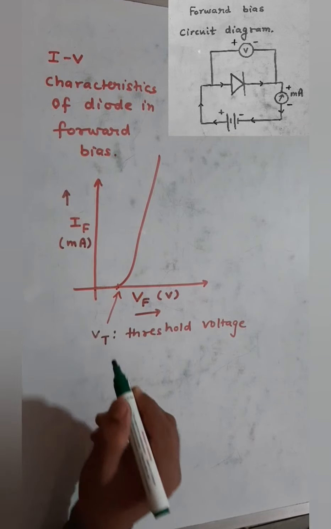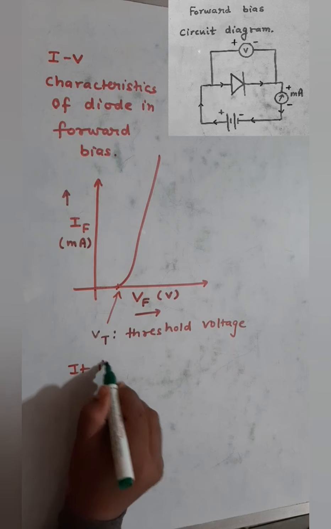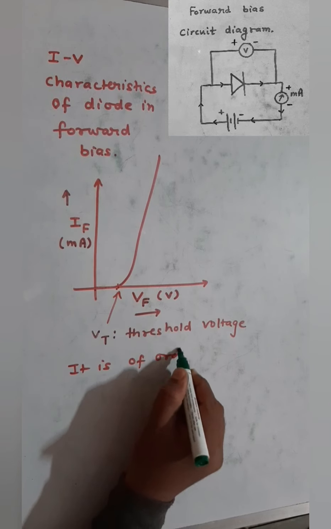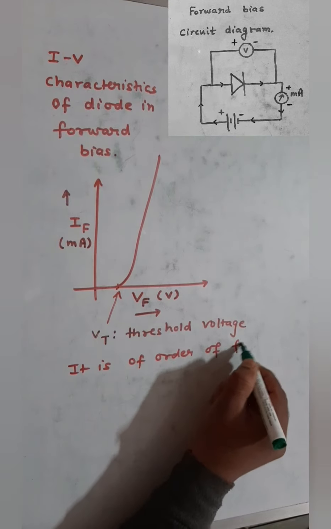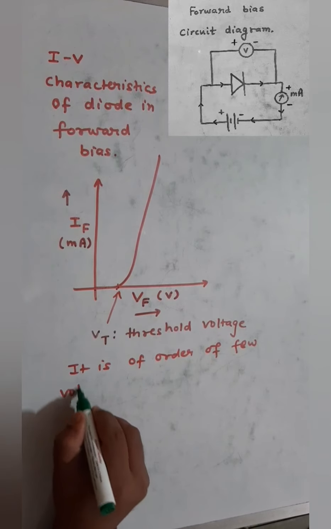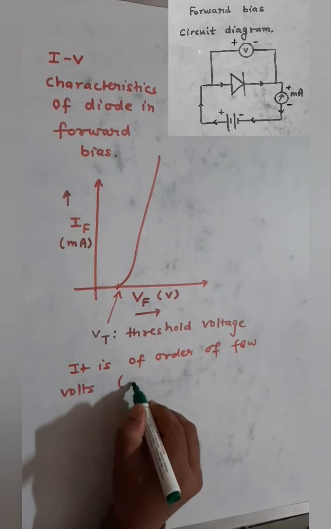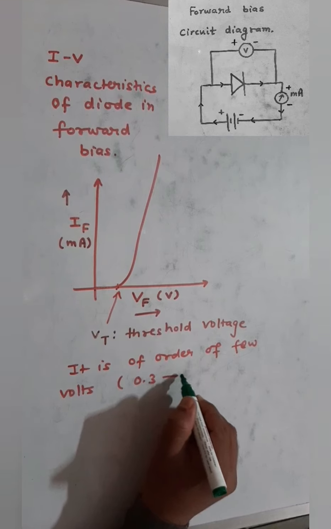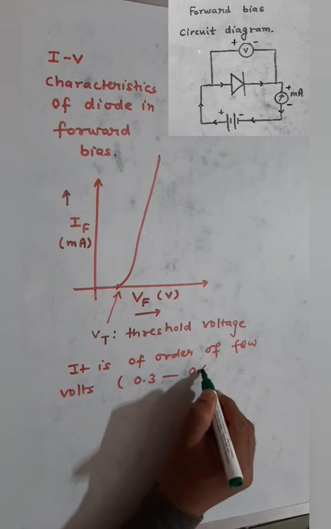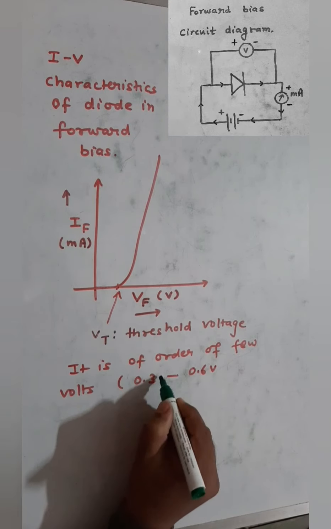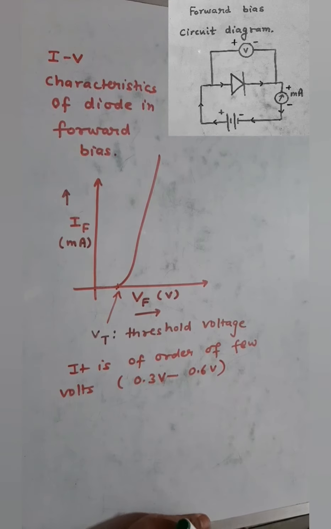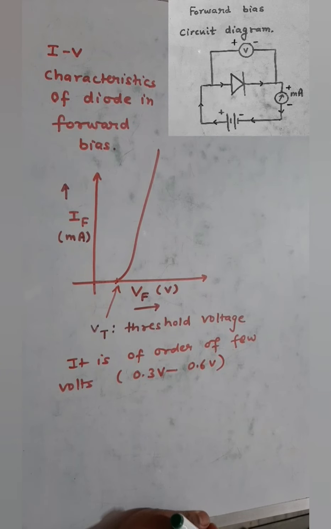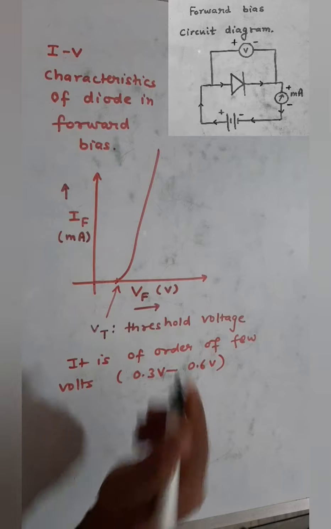Generally this threshold voltage is of the order of a few volts. I can give you a range, let us say 0.3 to 0.7 or 0.6 volts. Okay, so this is the range, or you can say the order of the threshold voltage for a forward bias diode.